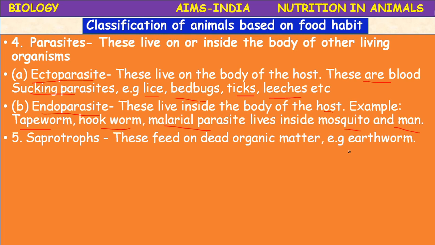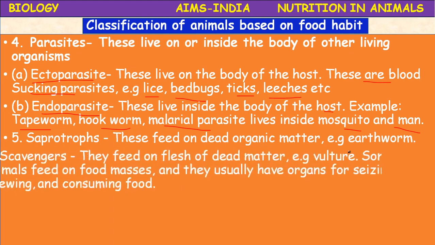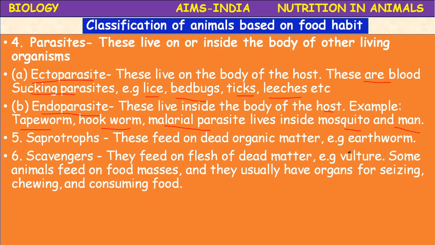Next, saprotrophs. Another type of animals are called saprotrophs. Saprotrophs feed on dead organic matter. Example: earthworm, present in moist or muddy soils. It is a saprotroph. And the next category is scavengers. Scavengers are the animals which feed on flesh of dead matter. Example: vulture.